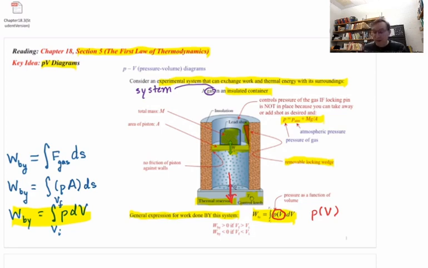And here's a very simple thing to remember, but very useful. The work done by the gas is greater than zero, positive, if the final volume is larger than the initial volume, if the gas expands.